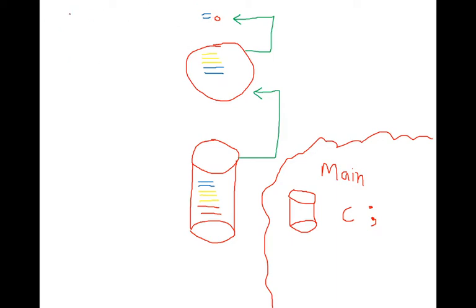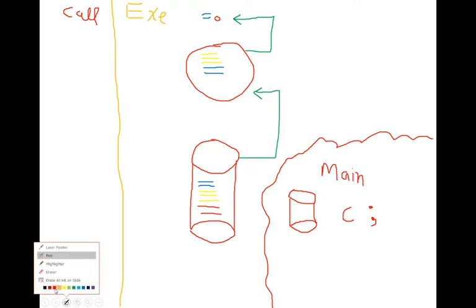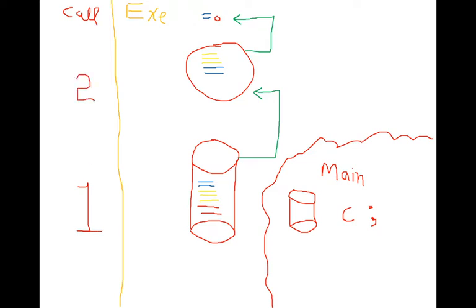So if we distinguish between call and execution, and let me draw a line here, although first of all the constructor of the cylinder will be called, it will call the constructor of the circle, and then the circle will call the constructor of the point, right?